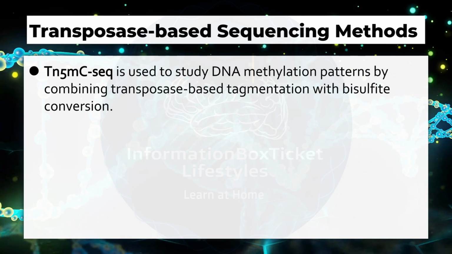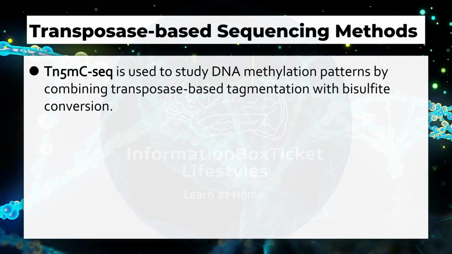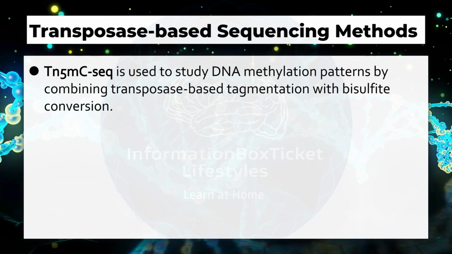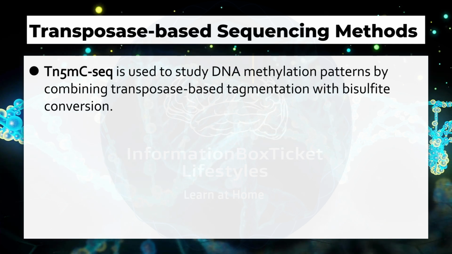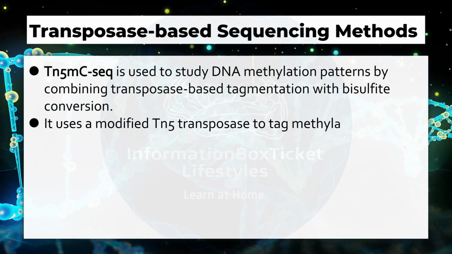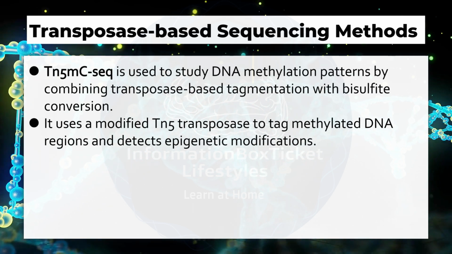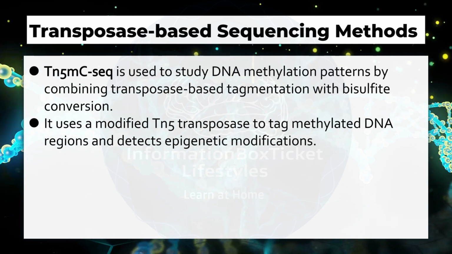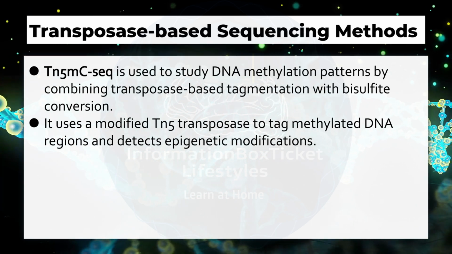Tn5 transposase-mediated tagmentation for DNA methylation sequencing is used to study DNA methylation patterns by combining transposase-based tagmentation with bisulfite conversion. It uses a modified Tn5 transposase to tag methylated DNA regions and detects epigenetic modifications.